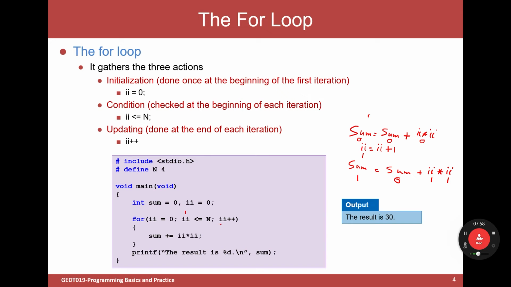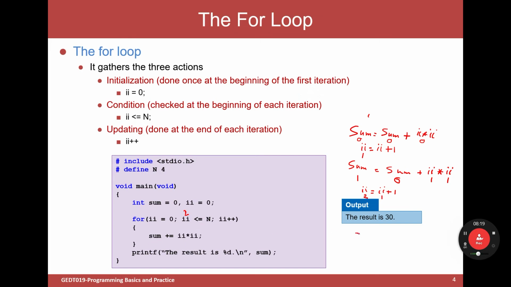Now I is equal 1, but plus 1, it will be 2. So I is equal I plus 1, 1 plus 1 equal 2. So now I is equal 2. So 2 is smaller than 4? Yes, it's smaller than 4. So then execute this one again.